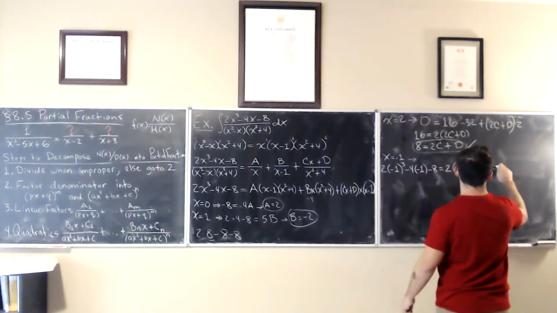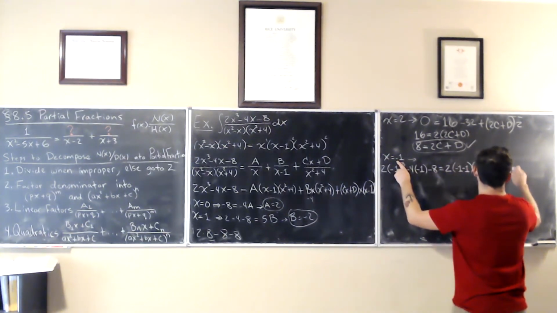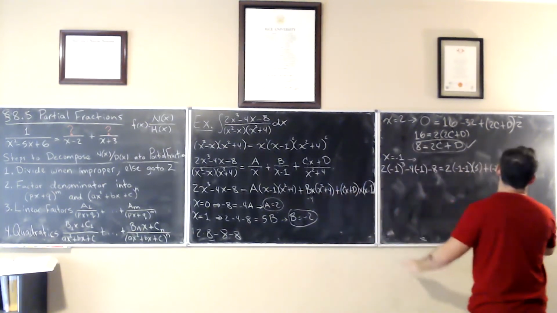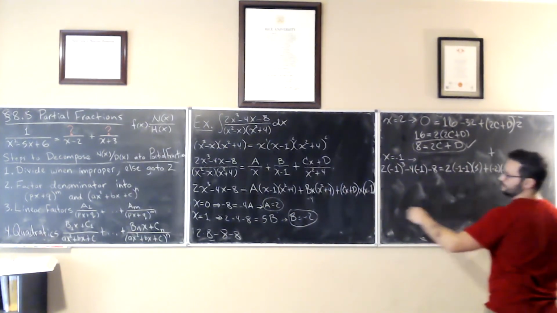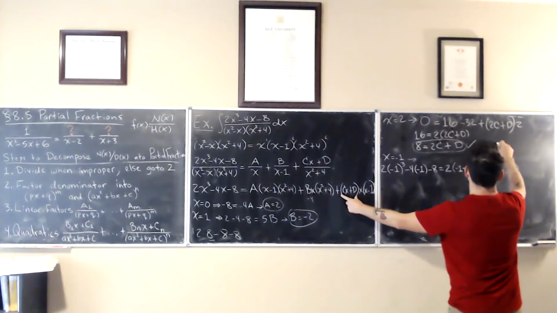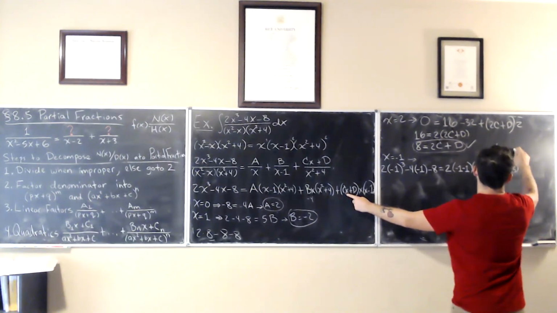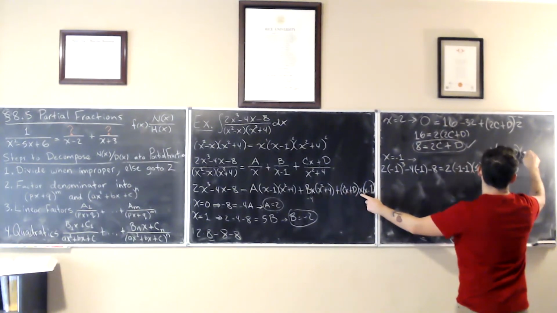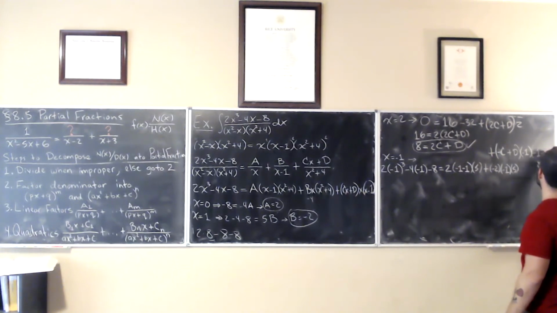B is minus 2 times minus 1 times 5, plus, minus c, the x right there, plus d, and then minus 1, minus 1.